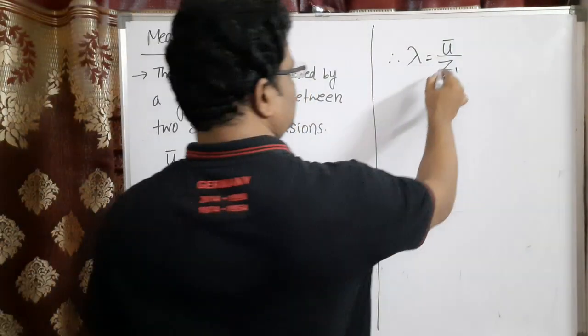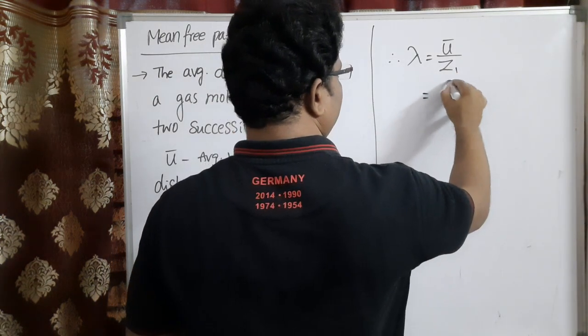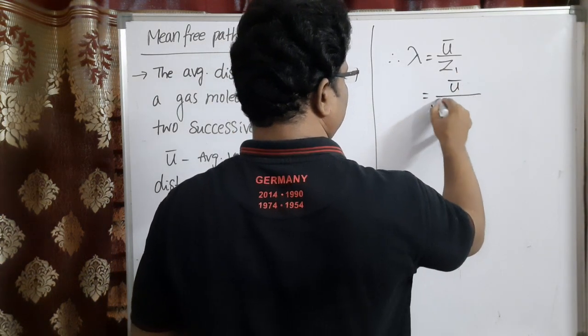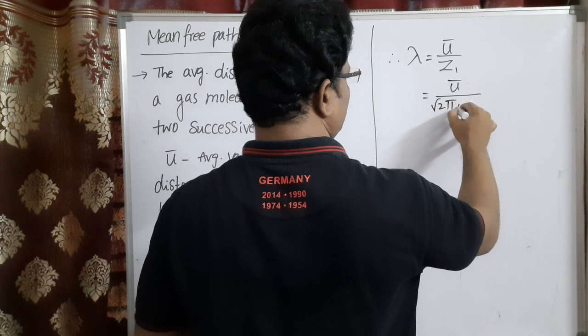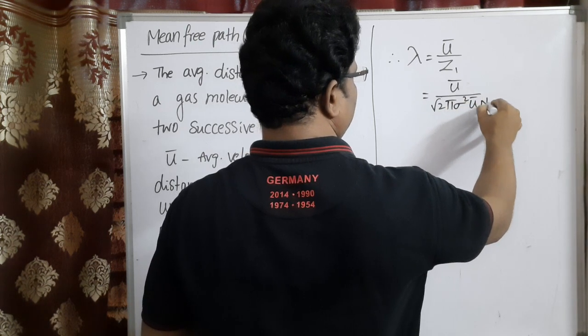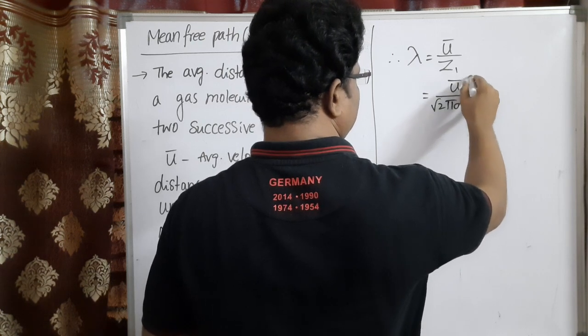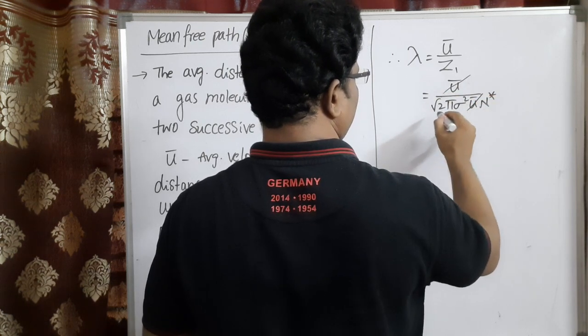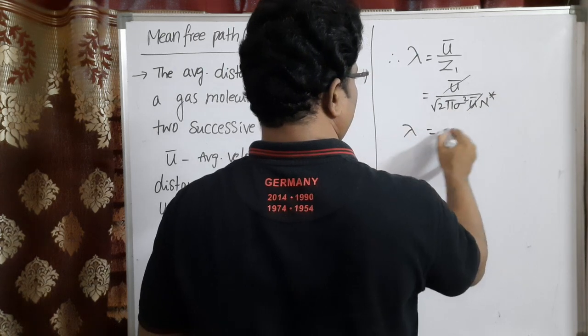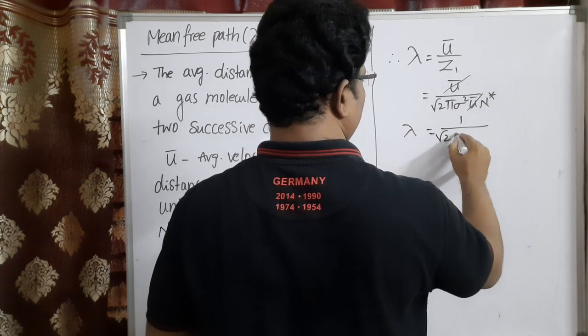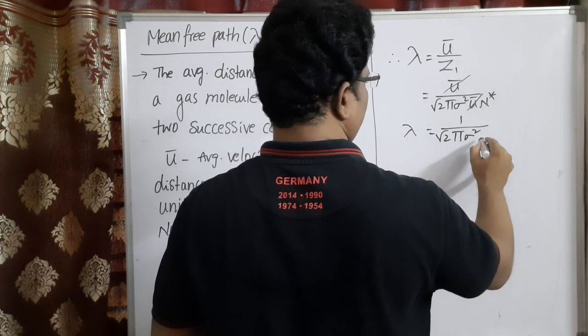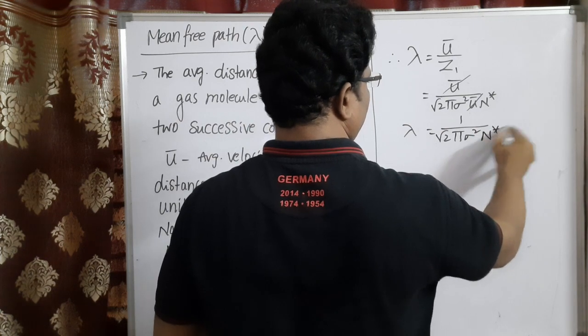Now, on substituting the value of Z1 here, we get root 2 pi sigma square u bar n star, and this u bar and u bar cancel to finally give 1 by root 2 pi sigma square n star.